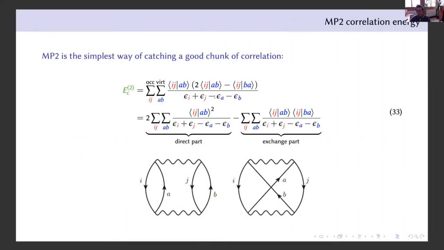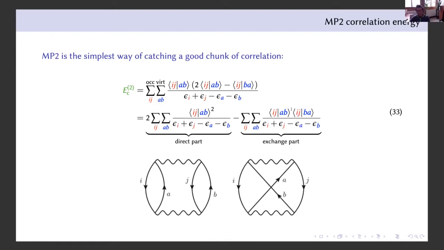The epsilons are the molecular orbital energies. Just to let you know, usually we split that into a direct part, which corresponds to that very nice Goldstone diagram here, and an exchange part where you have this swapping of a and b here, which corresponds to this exchange diagram here.